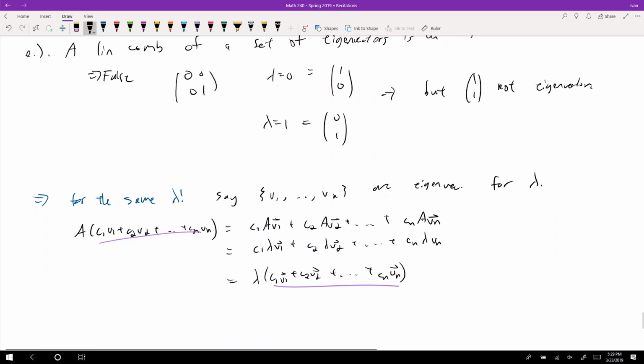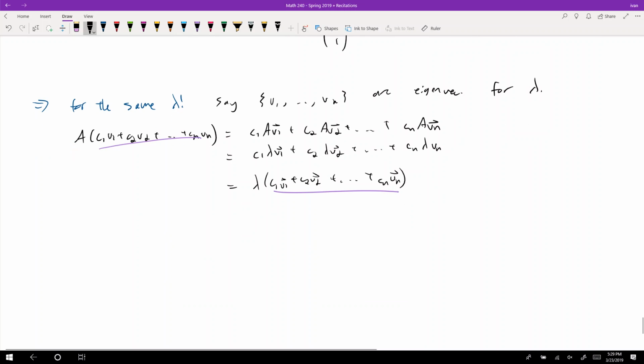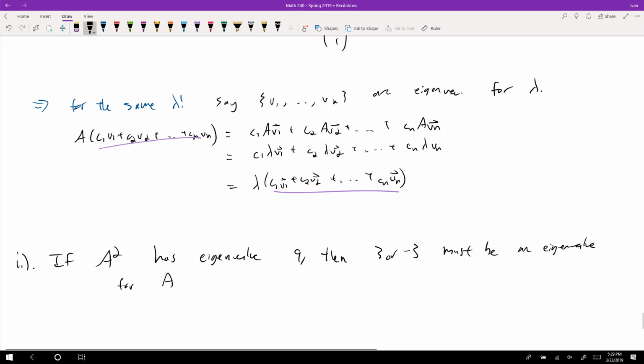All right, let's talk about I. If A squared has eigenvalue 9, then 3 or negative 3 must be an eigenvalue for A. For this one, I think we took off a bunch of points, mainly because there was an assumption if you went one way.